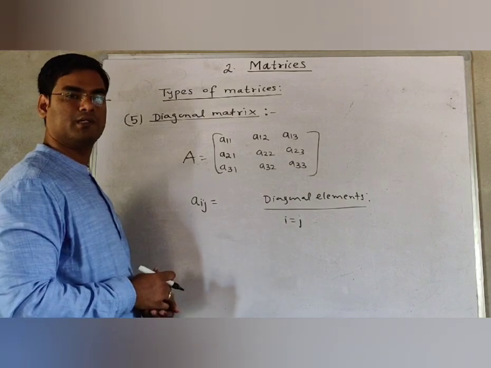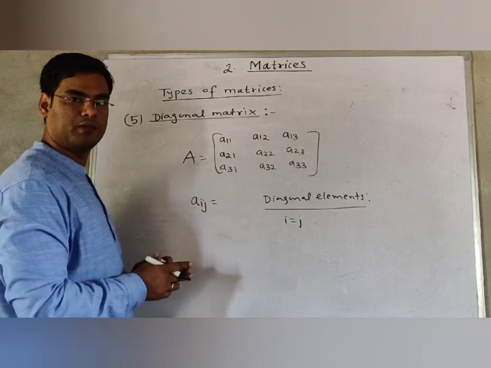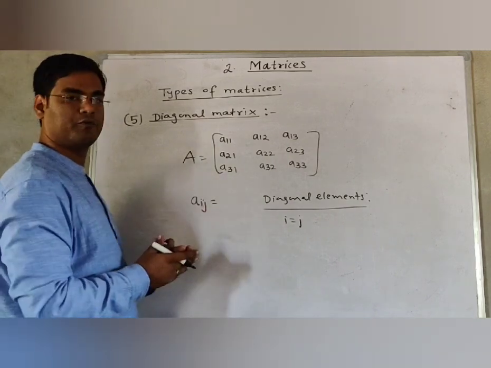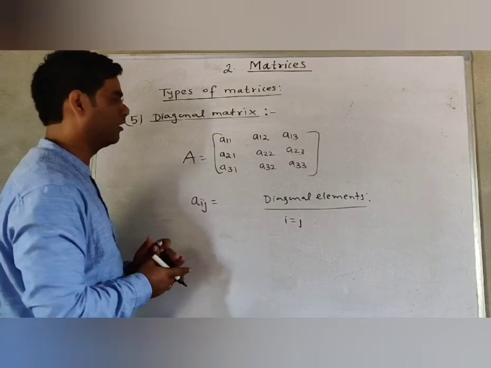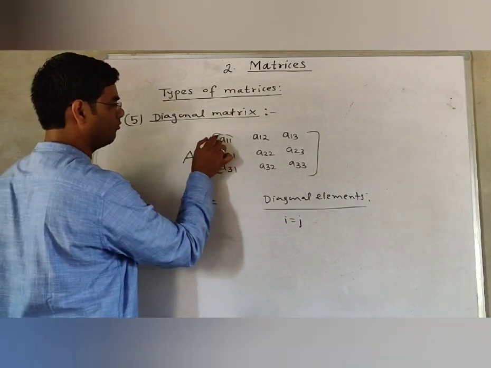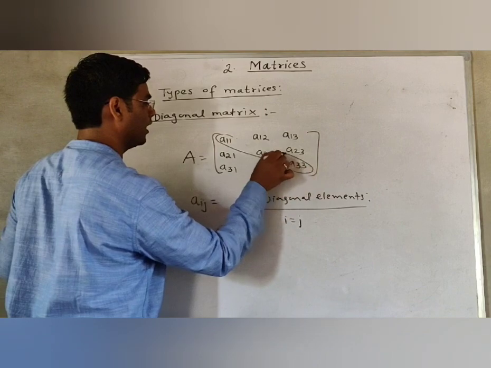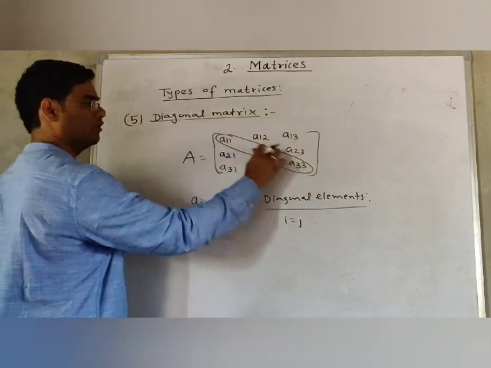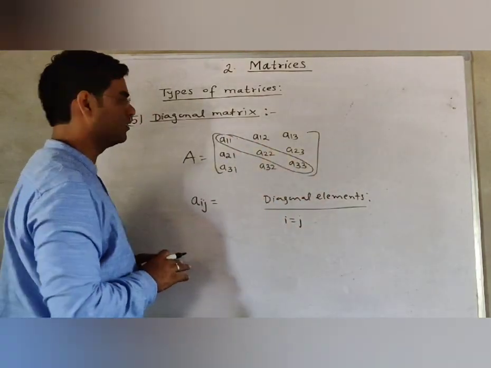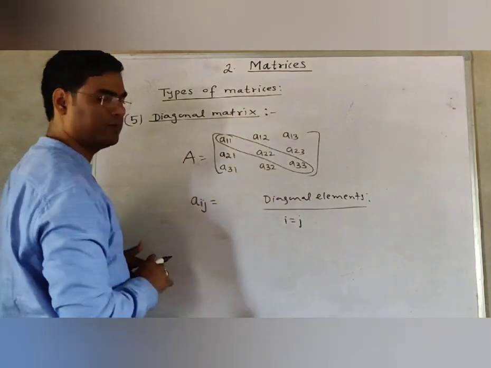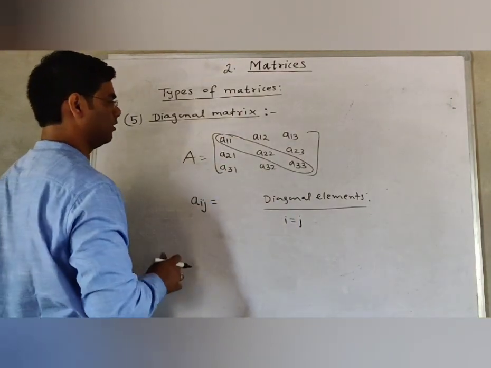Such types of elements are known as diagonal elements, and diagonal elements are possible only in the case of a square matrix. So here A11, A22 and A33, these three elements are known as diagonal elements, and the remaining six elements are known as what? Non-diagonal elements.